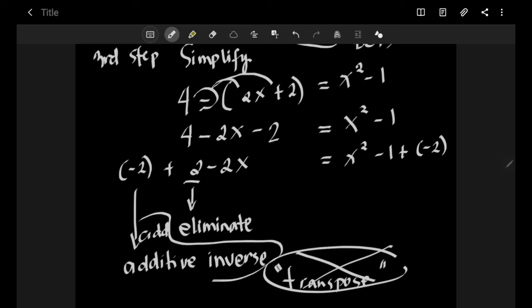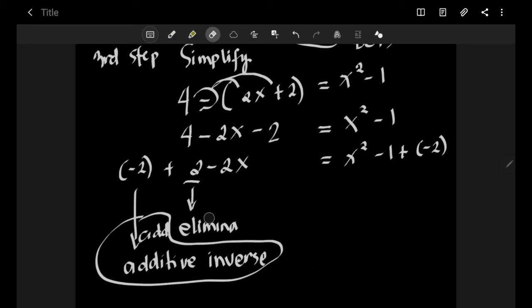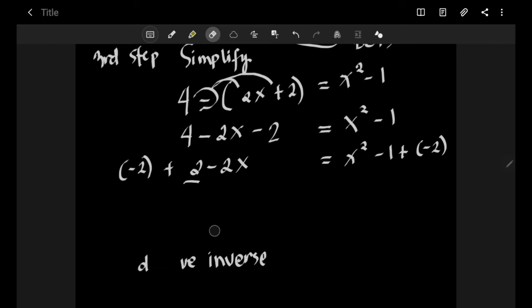We have to add additive inverse para ma-eliminate yung number na gusto nating matanggal dun sa side ng equation na yon. Okay. So, that's why it will become 0. We have negative 2x is equals to x squared minus 1 plus negative 2.